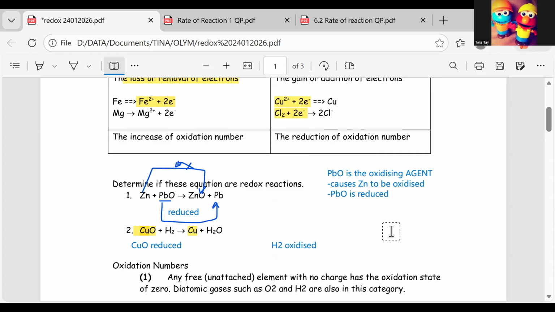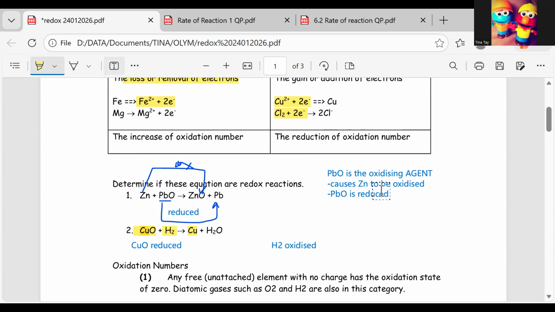Can you understand? Okay. So when they ask you what is the oxidizing agent, you say the oxidizing agent is the one that is reduced and causes another substance to be oxidized. So if the oxidizing agent is reduced, the reducing agent is oxidized. So CuO is reduced because H2 stole the oxygen.